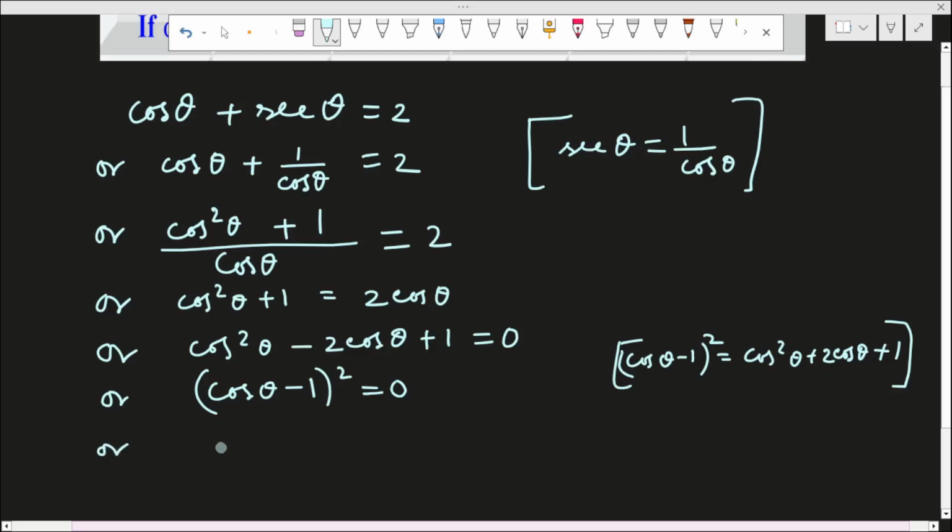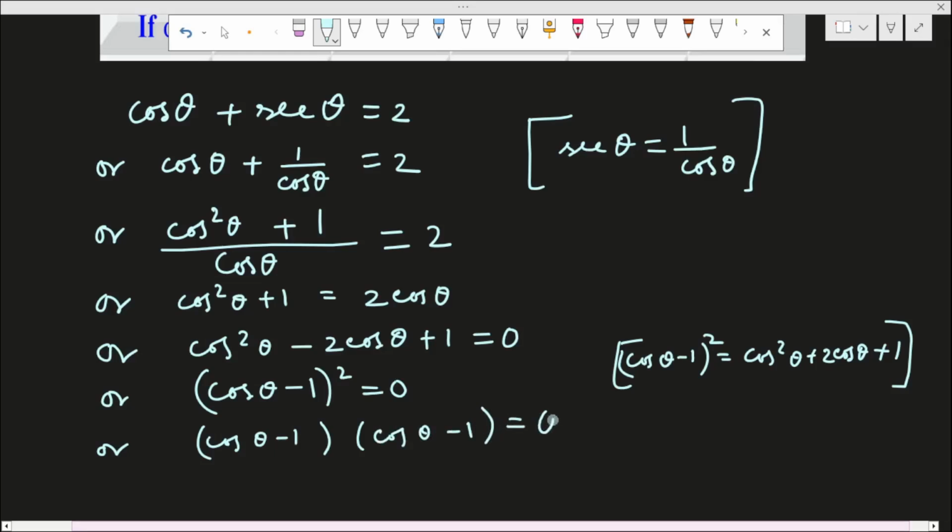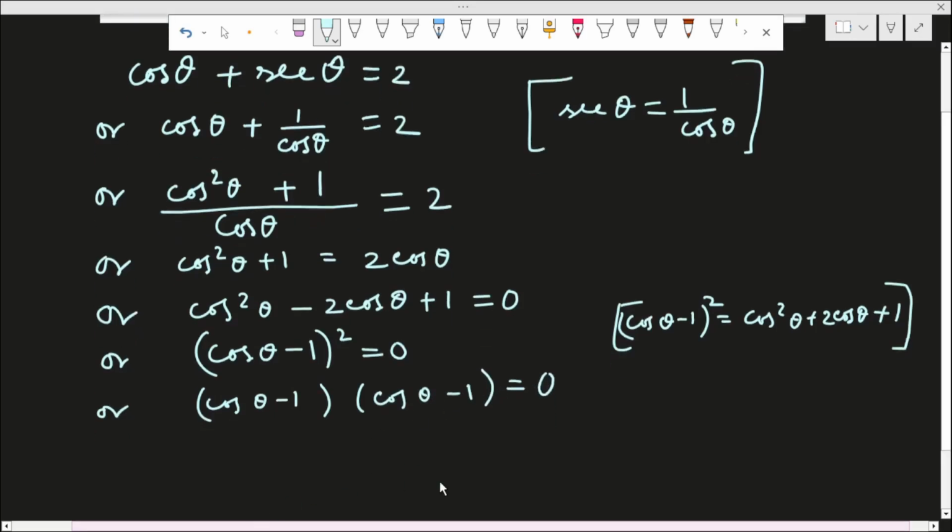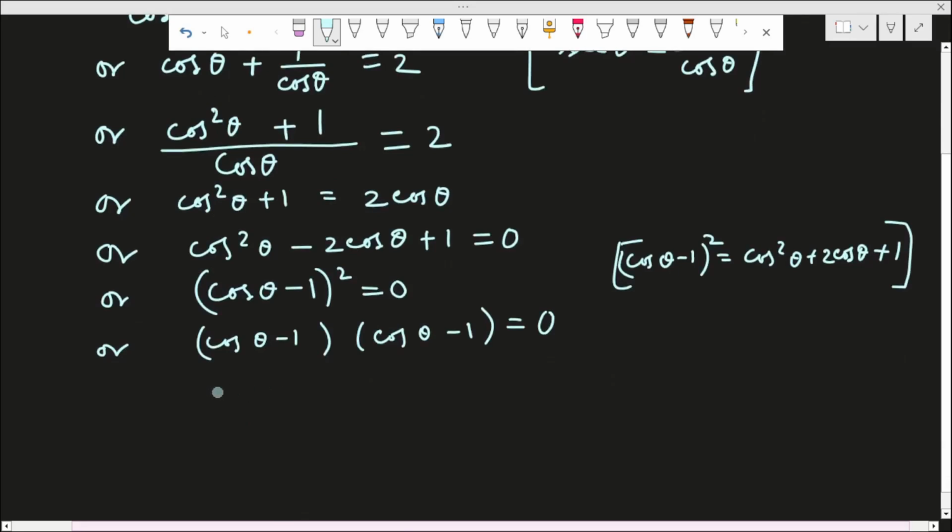So the left hand side factors, and the two factors are the same, so we will have two roots.